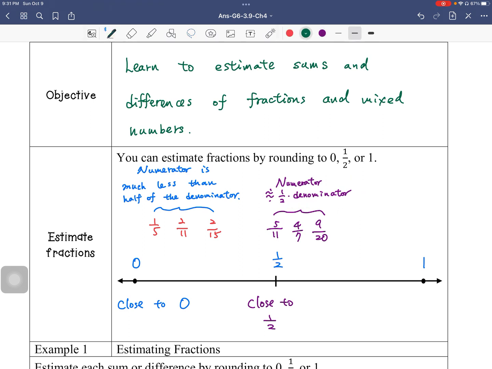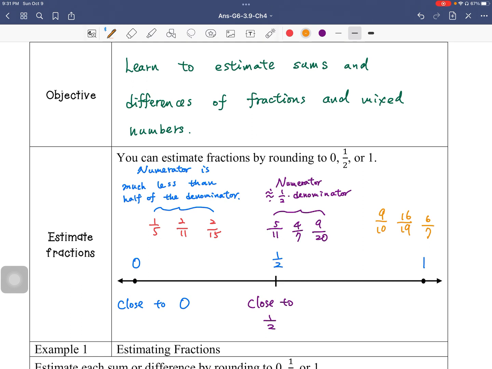In the end, I have 9/10, 16/19, and 6/7.